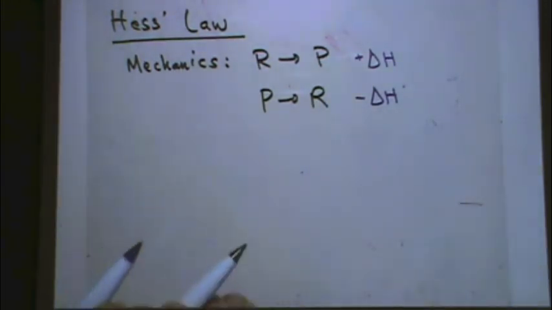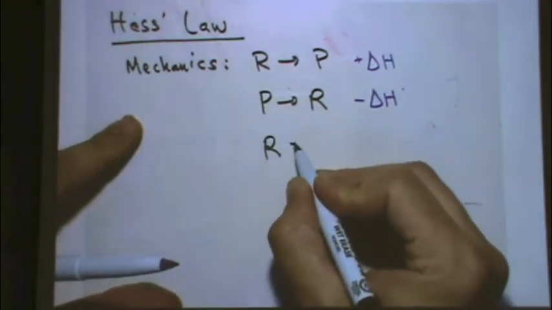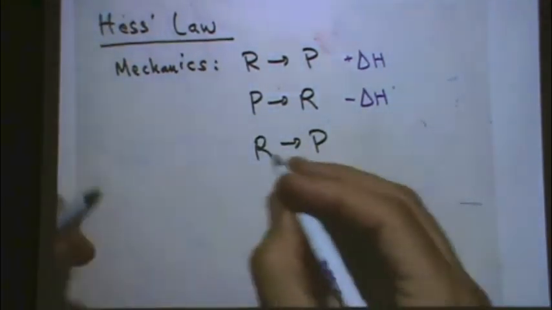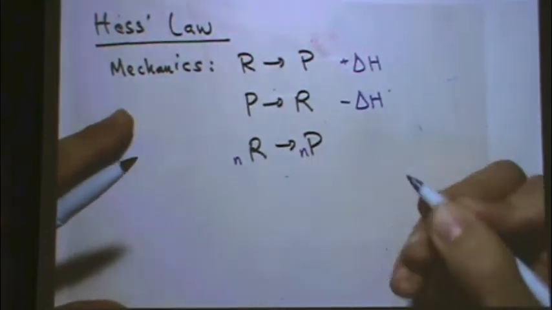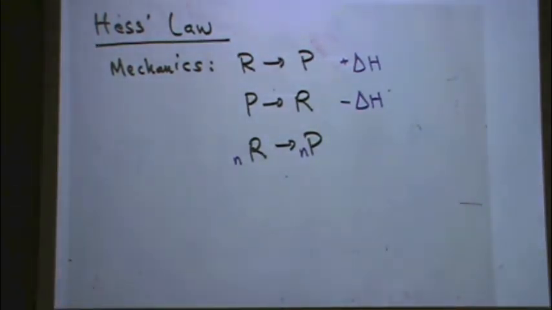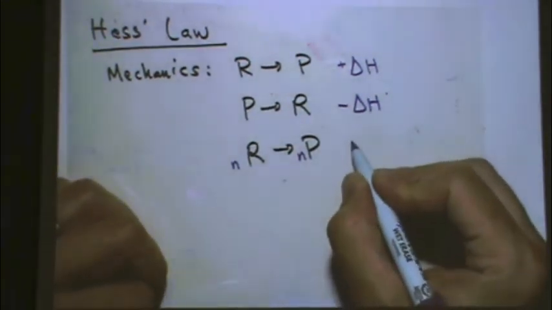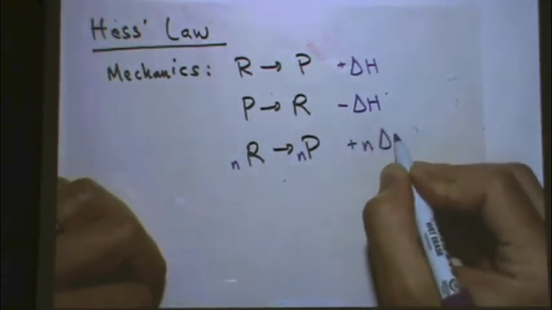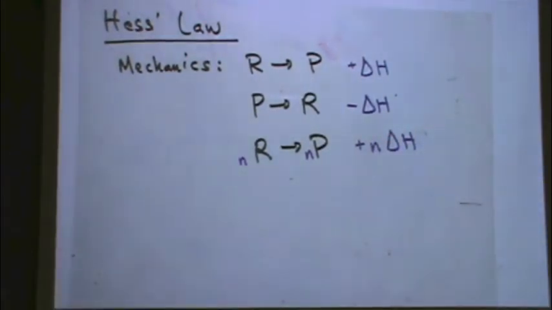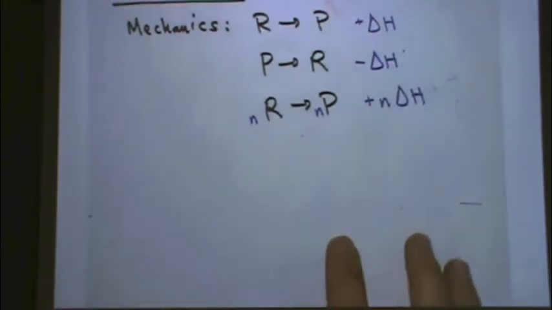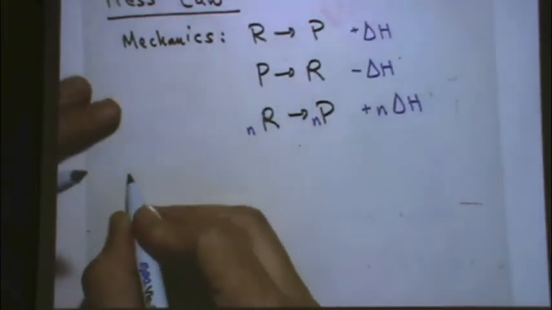If you take the original reaction again, and let's say you multiply by a coefficient n, not moles, but there's some coefficient, whatever that coefficient is, then you're taking the original delta H and multiplying by that coefficient. That's the mechanics that we're going to attach to what you learned in 2A from before. So those are the math of what we're going to do. Let's do a little bit on solving before we see an actual problem.